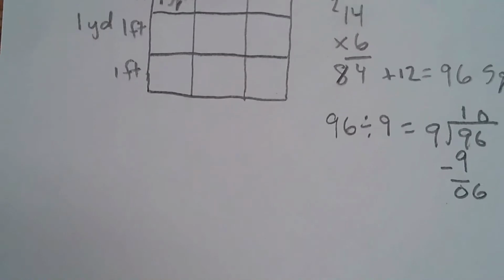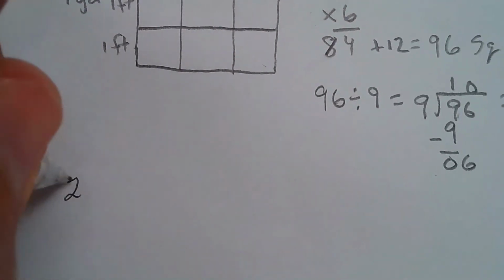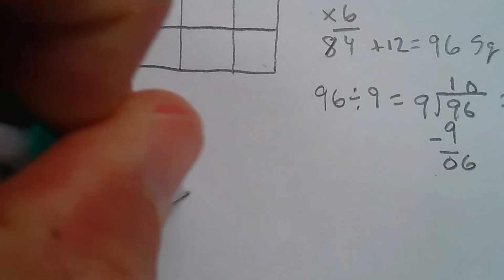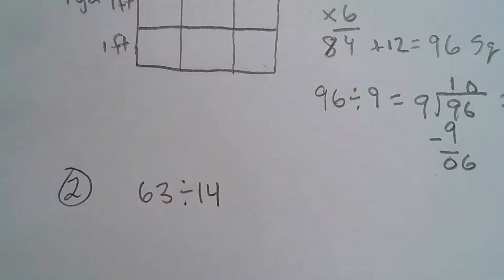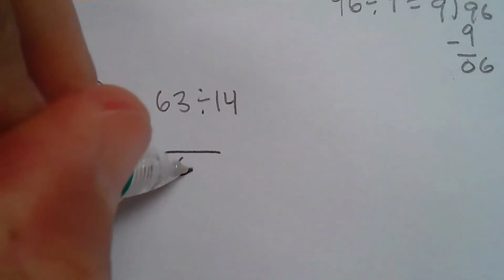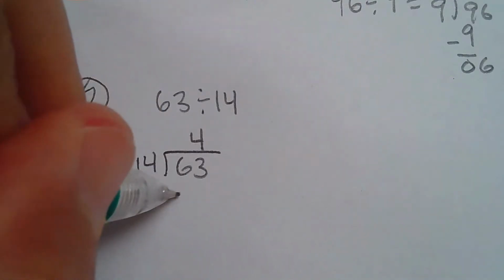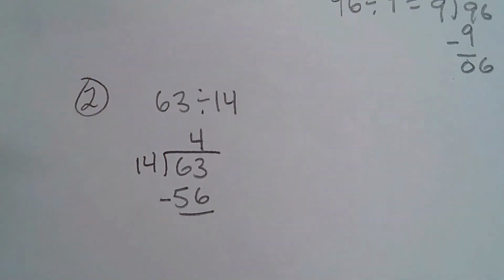So for number 2, 14 going into 63 is 4 times, and that is 56. And the rest is 7.